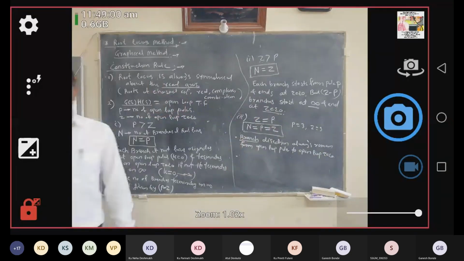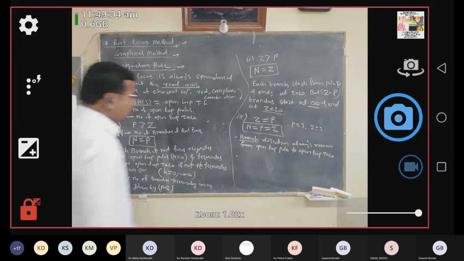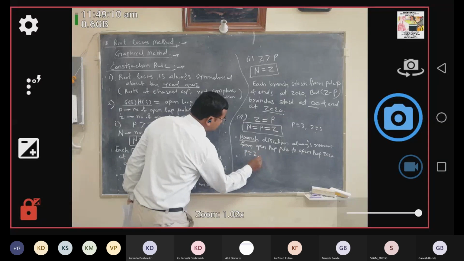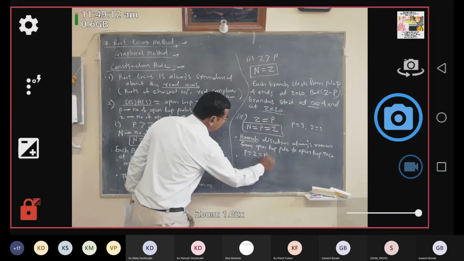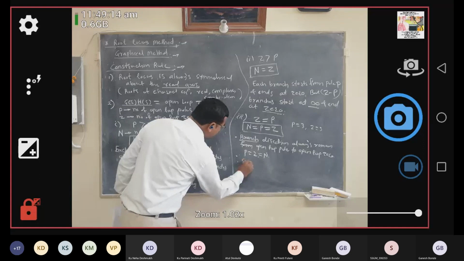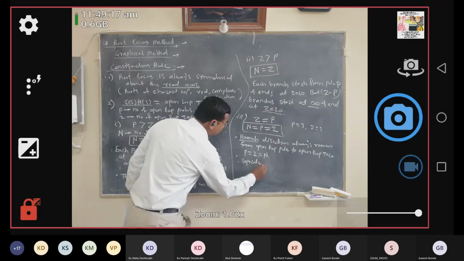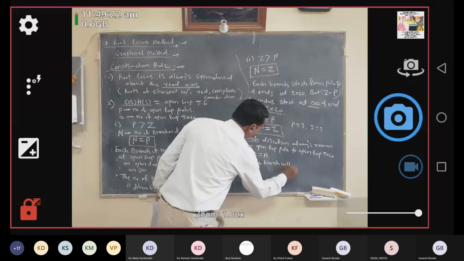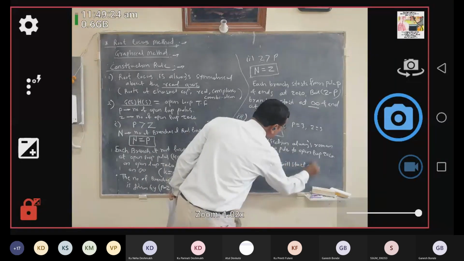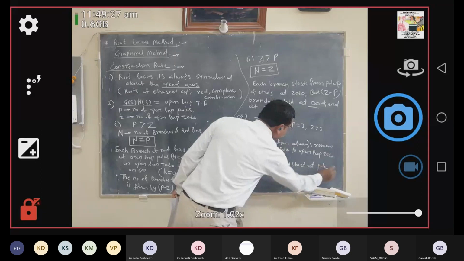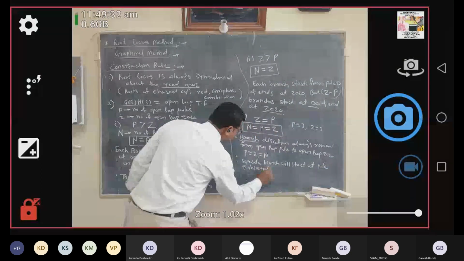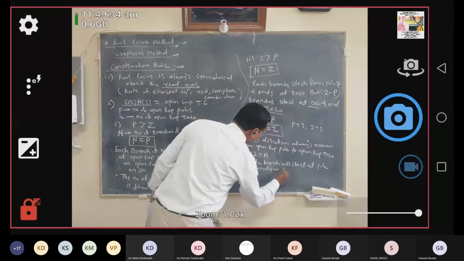So here, when N is equal to P is equal to Z, as P is equal to Z, which is equal to N, a separate branch will start at a pole and terminate on a zero.